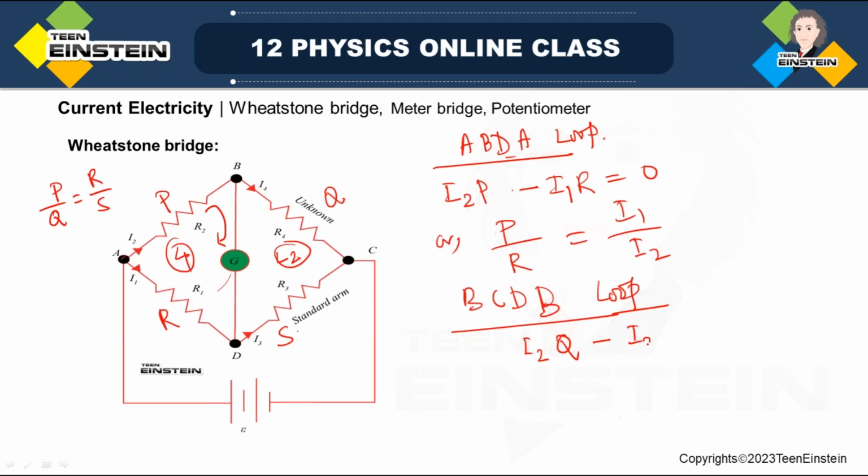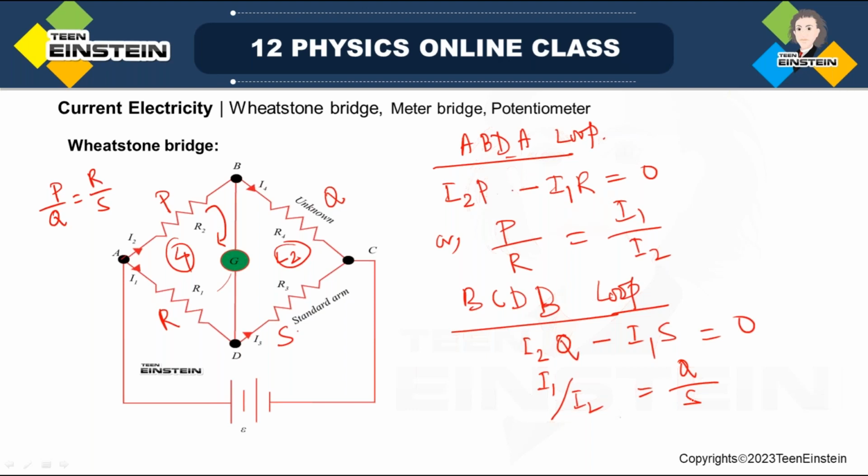Then I3 into S is equal to 0. I3 is nothing but I1, because no current is flowing through the galvanometer. So I1 by I2 will again be Q by S.